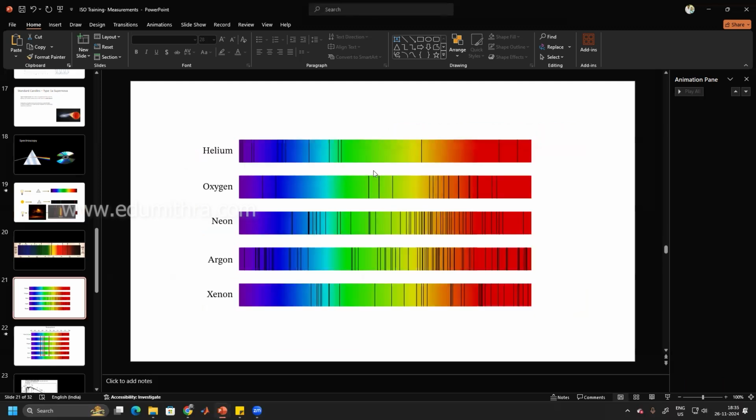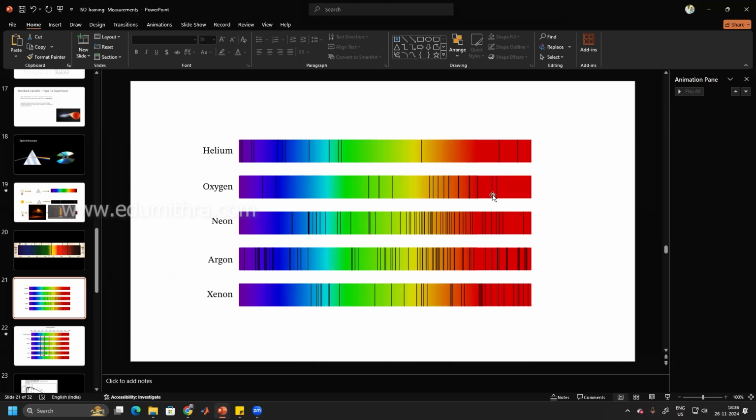Those missing dark lines are unique for each element. If the light is passing through helium, the pattern will be like this, and if it is passing through oxygen, it is like this. That uniqueness of lines is unique for an atom, so it is easy to identify the element using that pattern.